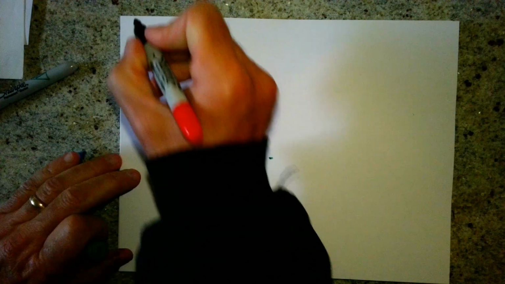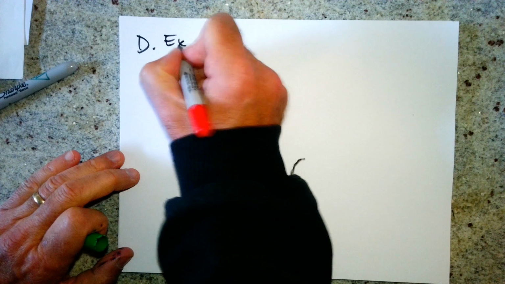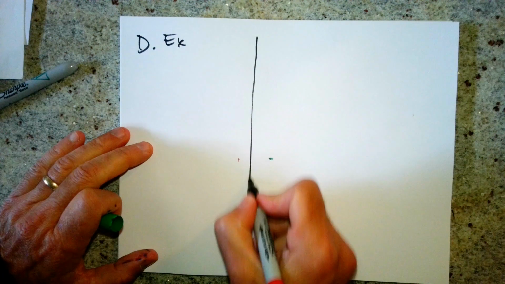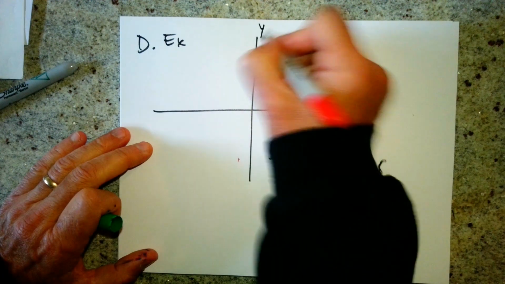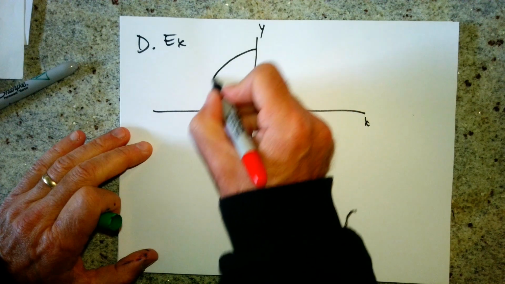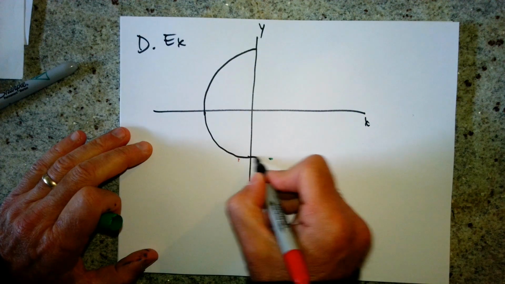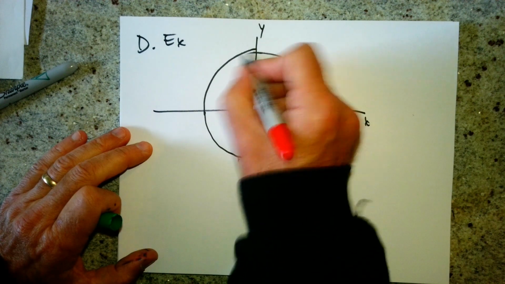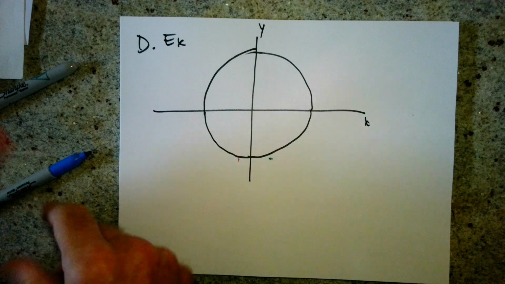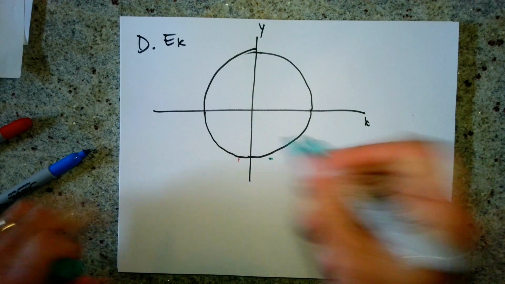Okay, let's do an example or two. Okay, so D, example. Okay, so let's say we pick an angle down here.